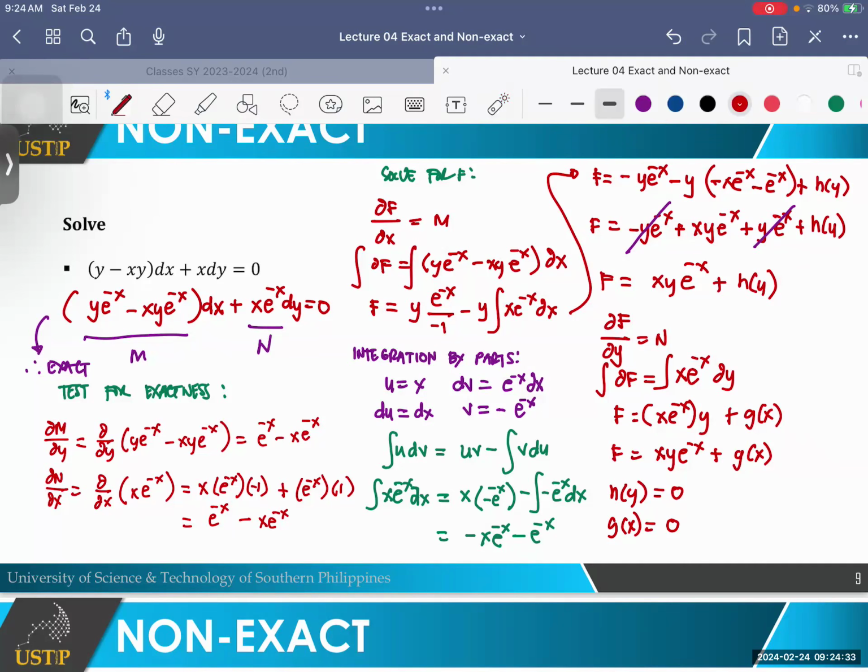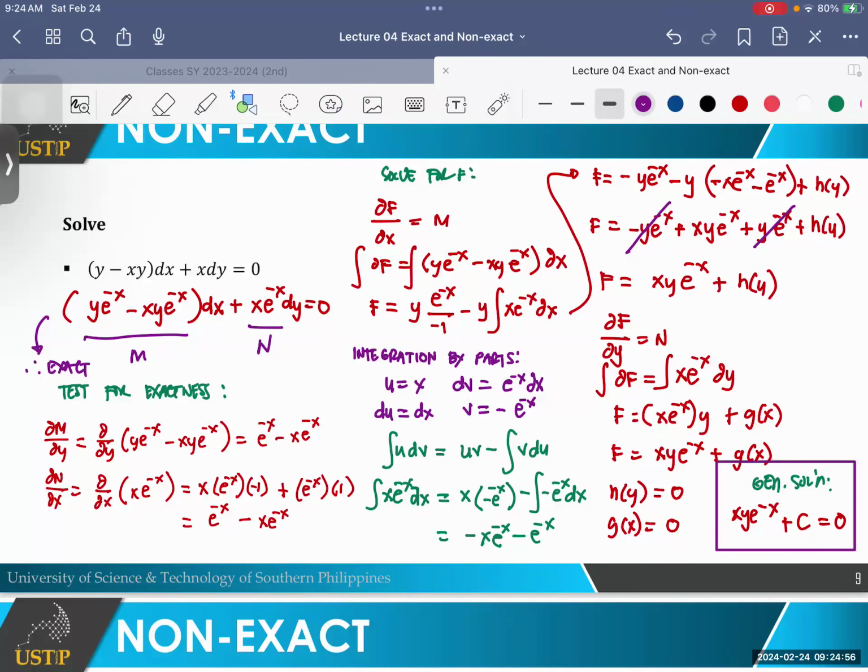So we can write our general solution as xy e to the negative x, and what is missing? Plus c. Don't forget the plus c at the very end. Okay, so this is now our general solution of our non-exact equation.